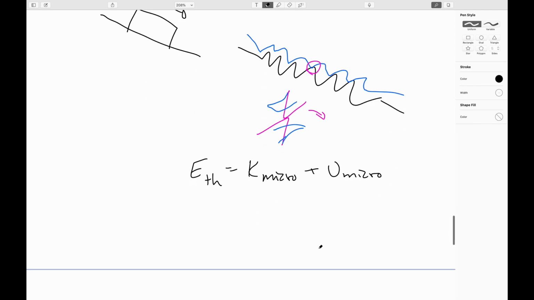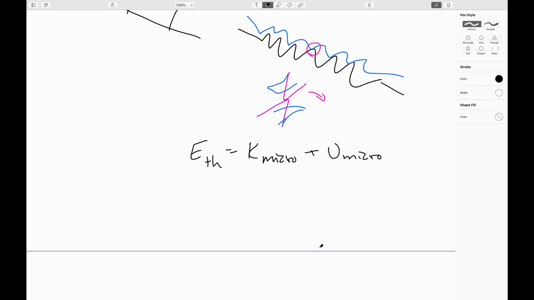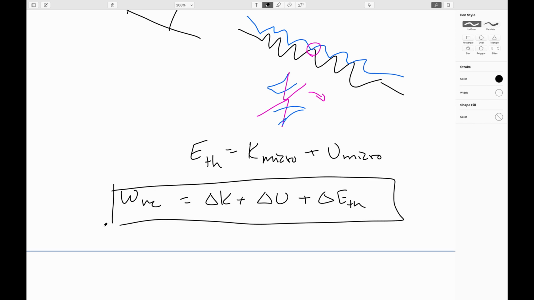And so it would be more correct for us to balance out the books by saying the work done by non-conservative forces would be equal to the change in kinetic plus the change in potential plus the change in the thermal energy of the system. And so then we know where it's going.